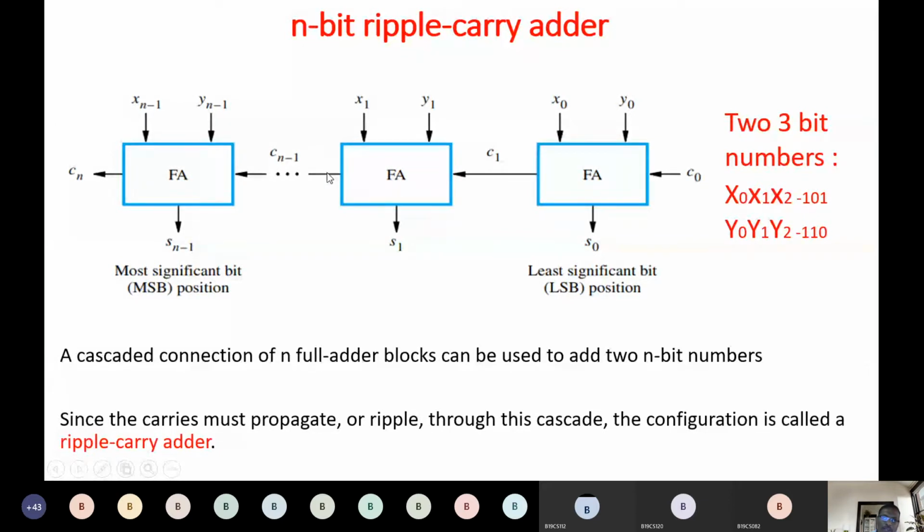Every carry out from every full adder becomes carry in for the next full adder. And the output of every full adder is the result of the sum: S0, S1, and S2. These three bits kept side by side we call the sum.